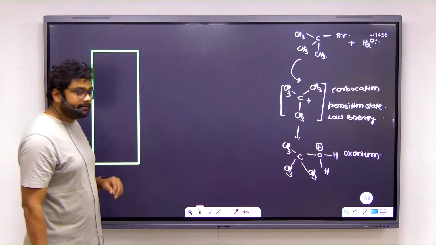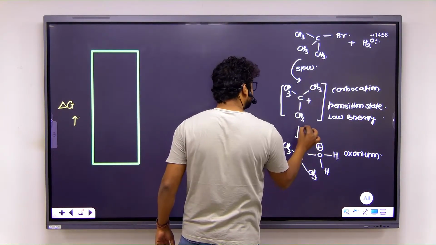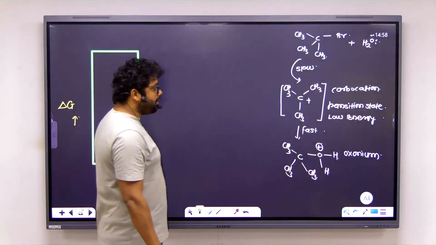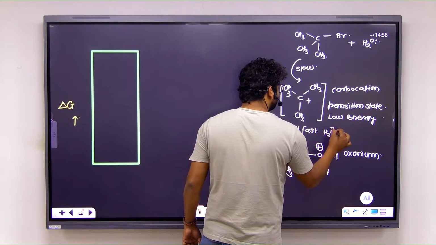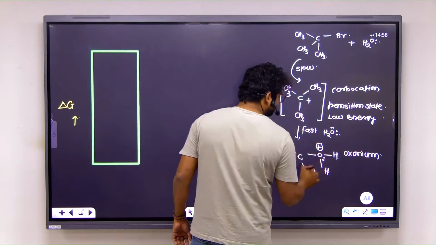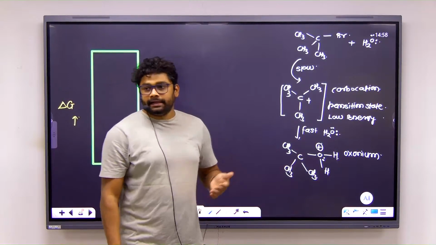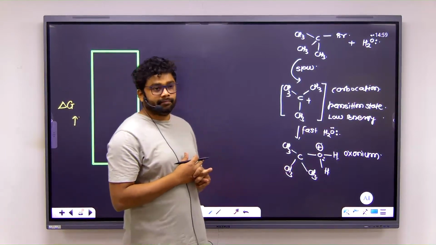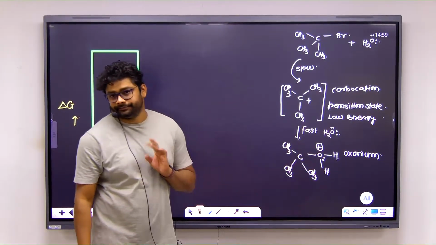Okay. I told you this one is a slow step, this one is a fast step. Now oxygen has lost a lone pair of electrons and donated it to the carbocation. By gaining that electron pair, the carbocation is now stable. But oxygen is unhappy. It loves to be what? Negative.